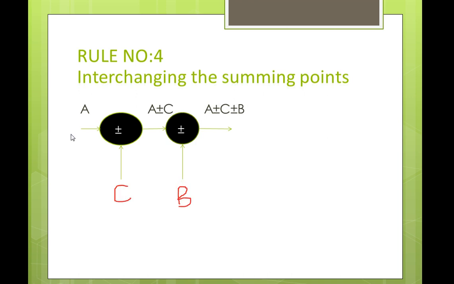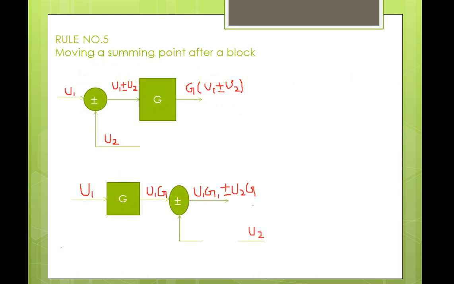So here A and C, so A plus or minus C, and then B: A plus or minus C plus or minus B. If in some cases we are not getting the same expression after interchanging, then you need to add some gain functions, or you need to add some takeoff points and so on. So this is rule number 4, interchanging of summing points.